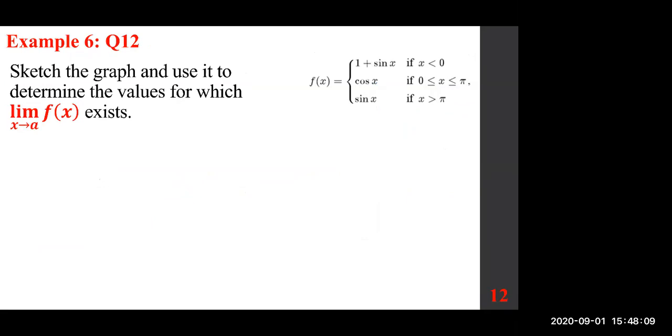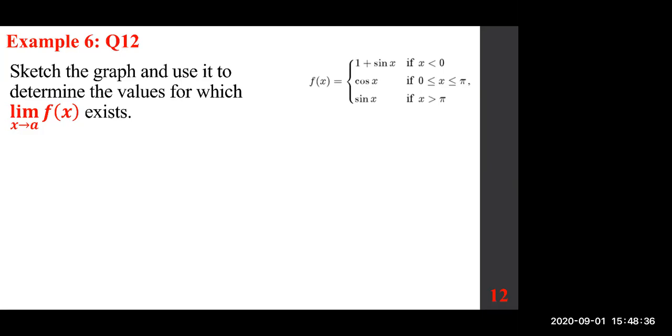This is a piecewise defined function, and we want to sketch the graph and then find the limits and where they exist and so forth. So bottom line, when you have the graph, you can see what happens. Class, you basically look at each piece, okay, and you put them together.